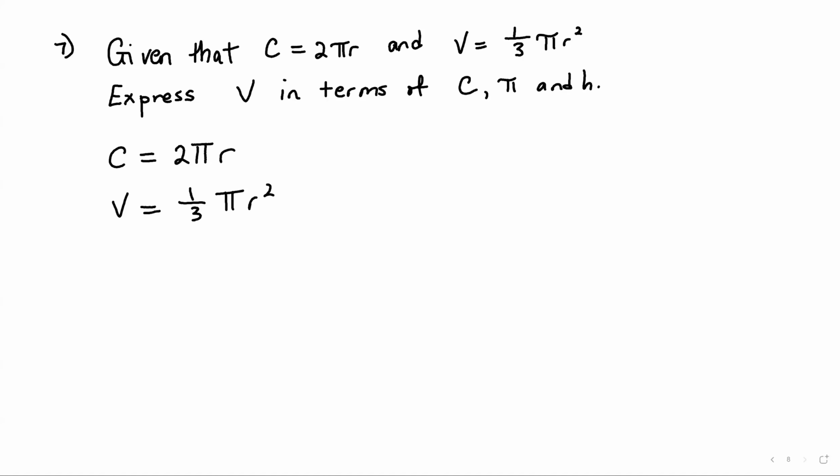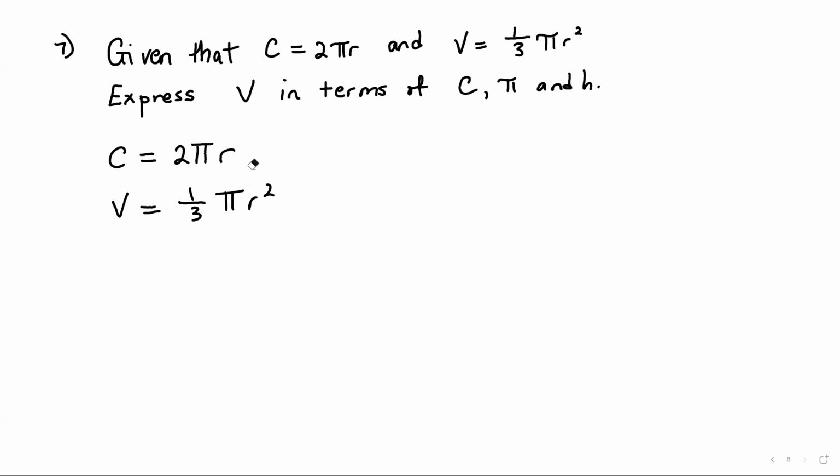notice that both of them have an r in them, right? So both of them have pi and r in them. But more specifically, this one is pi r and this one is pi r squared.